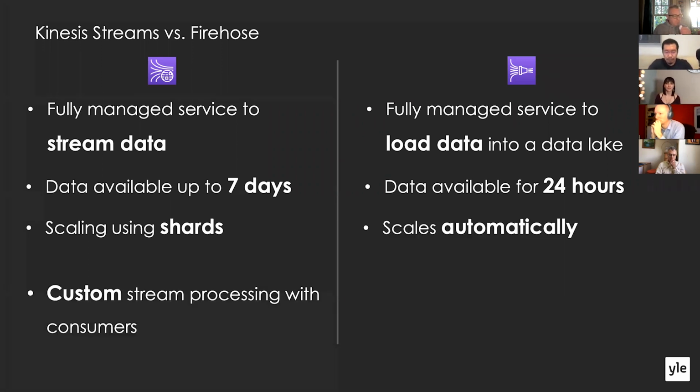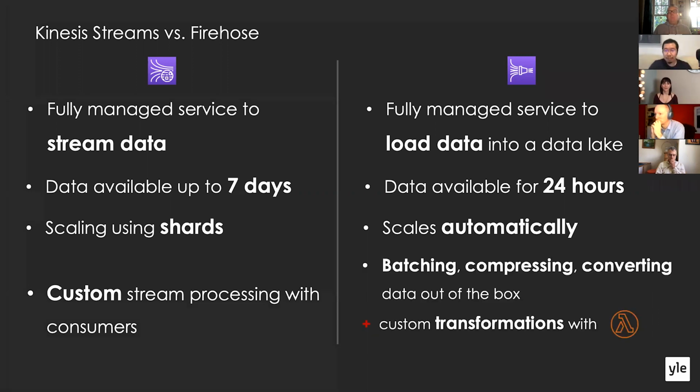The other key difference is that for Kinesis, you can and should create custom stream processors that will consume the stream, while Firehose can't have any consumers. You can't create custom consumers, but instead Firehose can batch, compress, and convert data out of the box. And you can also write small transformer Lambda functions that will transform the data before loading it to a destination.